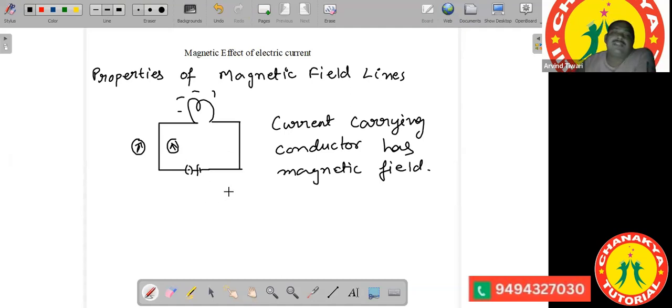To understand this, an experiment was performed, and the direction of the magnetic field lines was given by Maxwell's rule. If you want to find out the direction, we place a cardboard like this and pass the wire through the card.